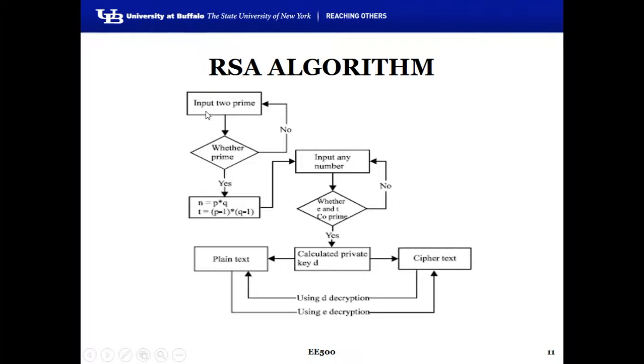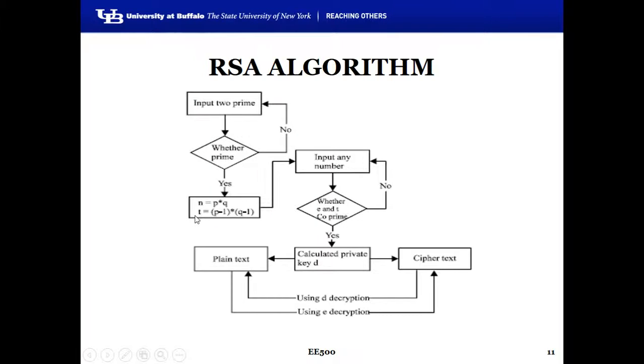Initially, you input two prime numbers. You check whether they're prime or not. If not, then you go back to the previous step and make sure that the numbers are two prime numbers. And then when they are two prime numbers, you calculate two different values. The first one is n, which is the product of the two prime numbers p and q.